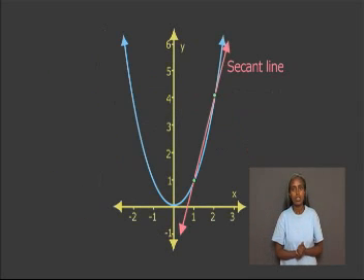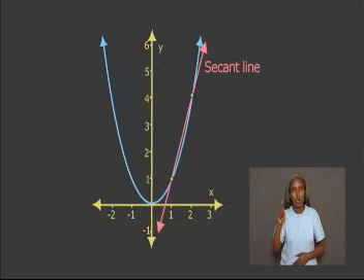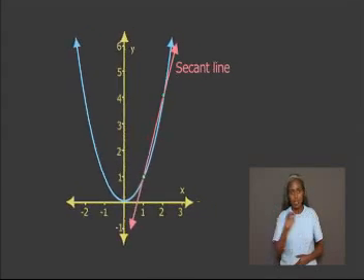Let us consider the graph of y equals x squared. First, we will find the slope of the secant line passing through (1, 1) and (2, 4).